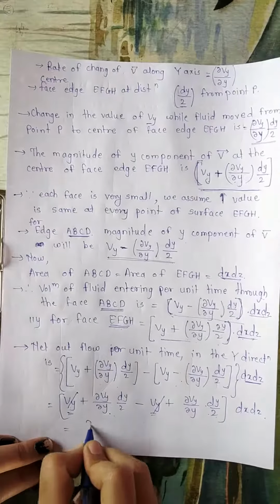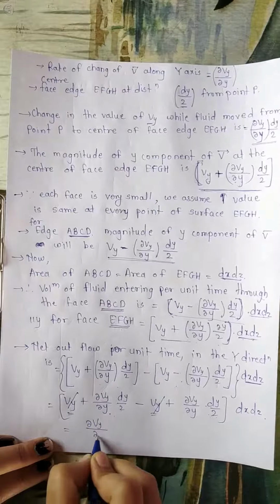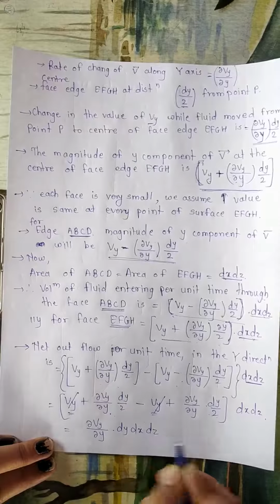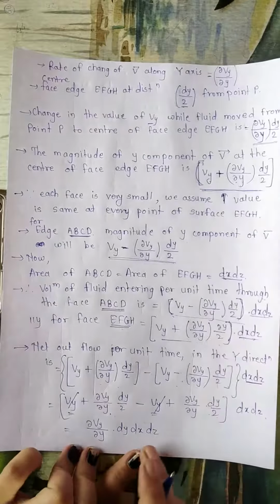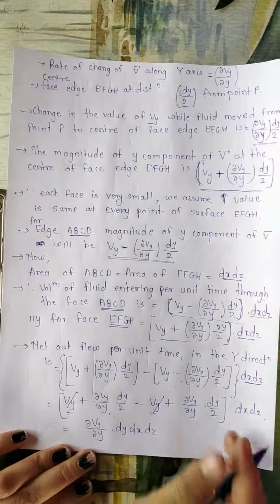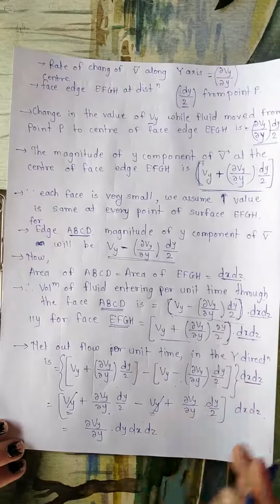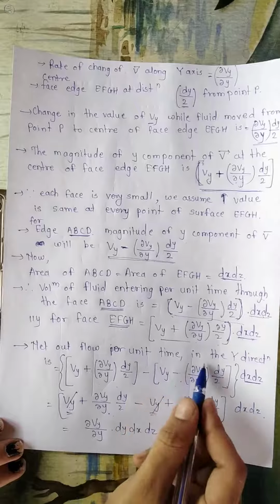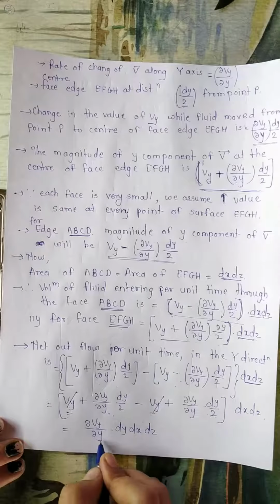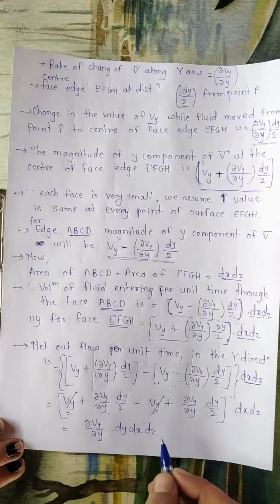So you will get here dou Vy upon dou y dy dx dz. So this amount is nothing but the net outflow per unit time, which is given by dVy by dy dx dy dz.